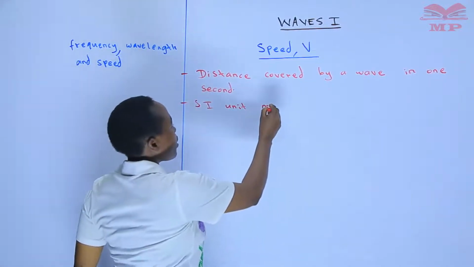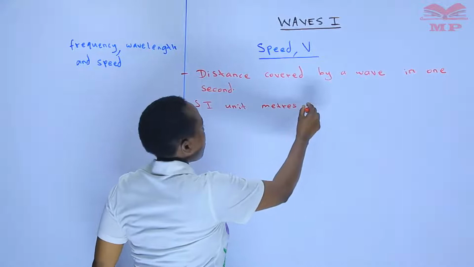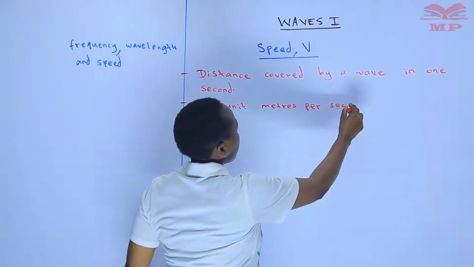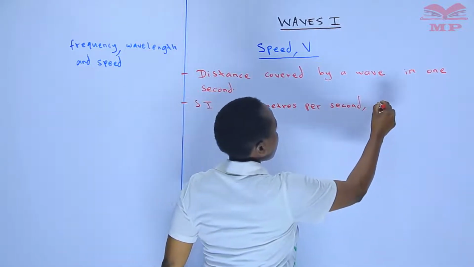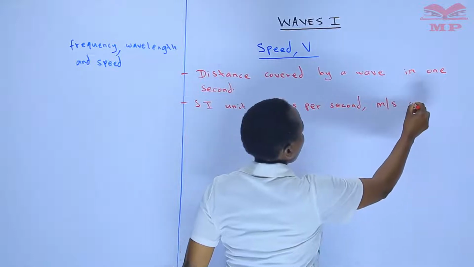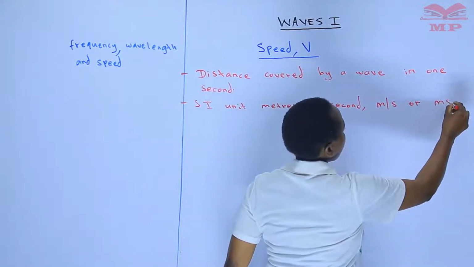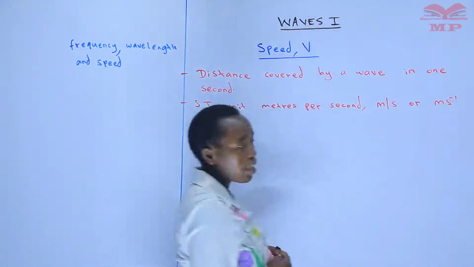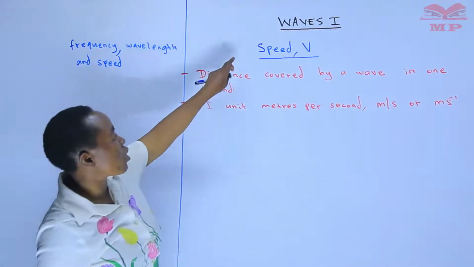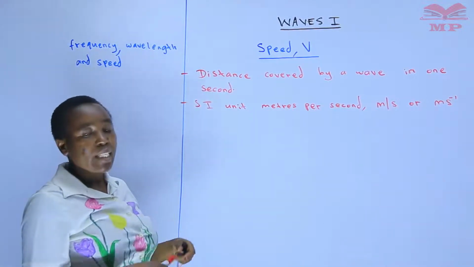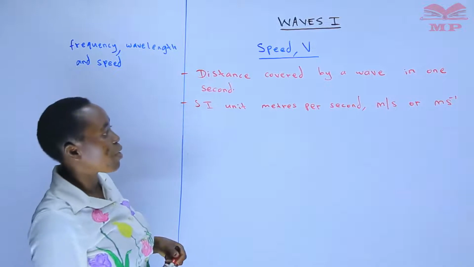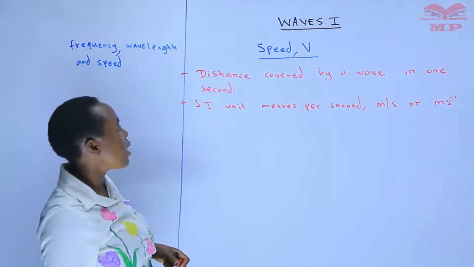So that is the speed of a wave, distance covered by a wave in 1 second.